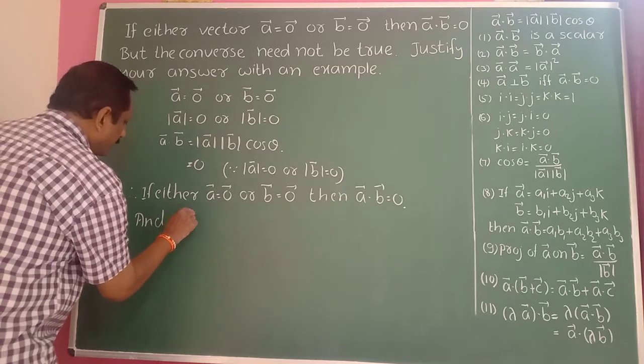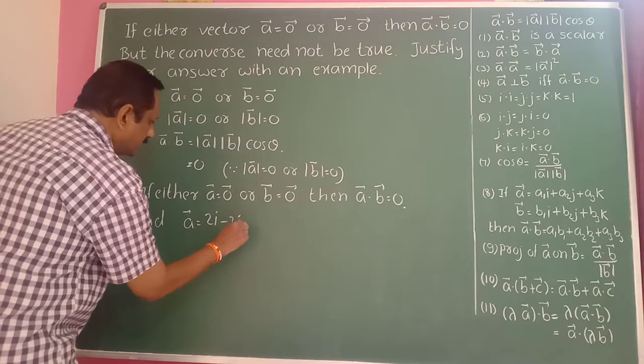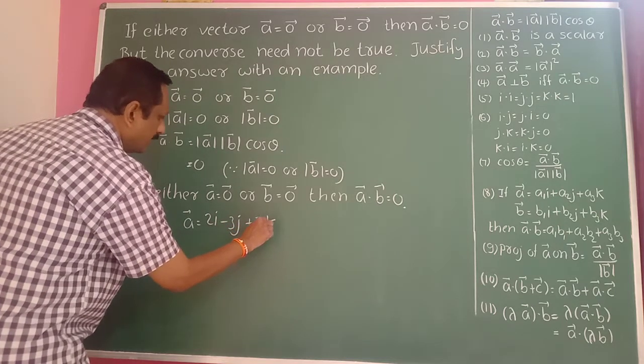take a bar equal to 2i minus 3j plus 2k. This is one vector.